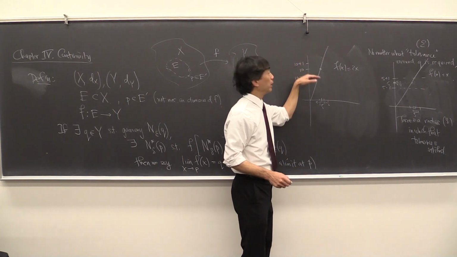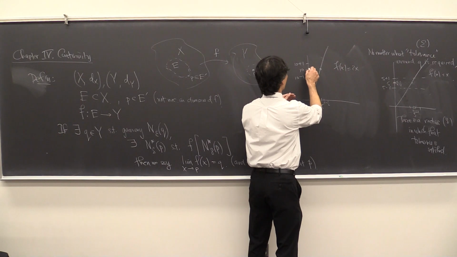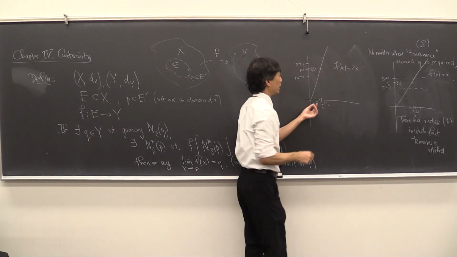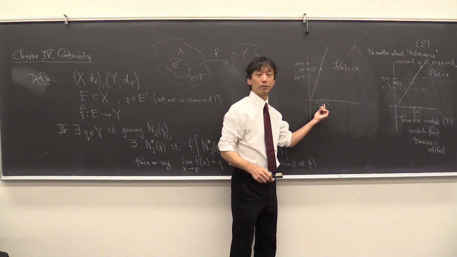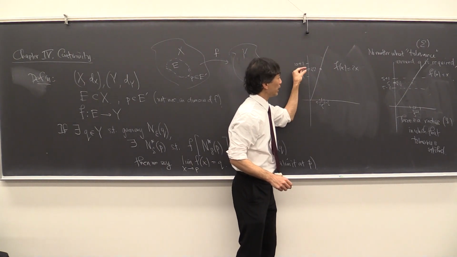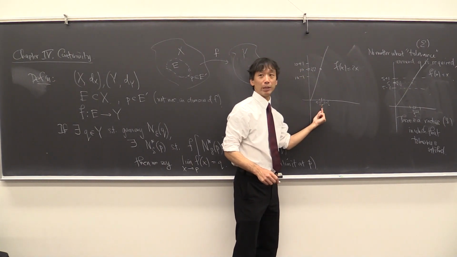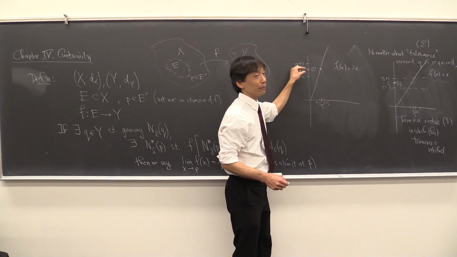And if I took 0.1 here, 10.1 and 9.9, to satisfy that tolerance, how close would I have to be here? 0.05. It would be half of that.